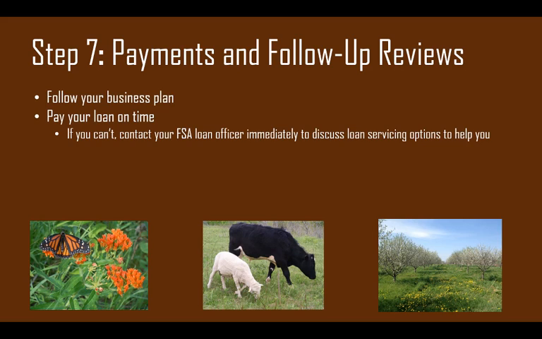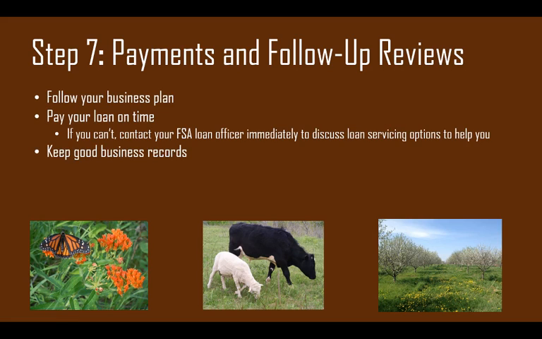So that works really well for us to have the freedom during the rest of the year not to have to be making monthly payments, but when we do have money to be able to pay that in one chunk. So you can talk about what works for you with your loan officer and what works for them.